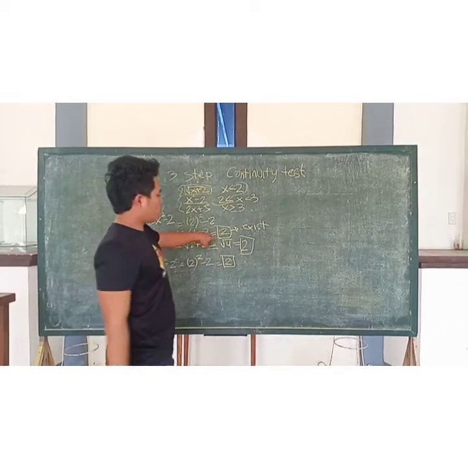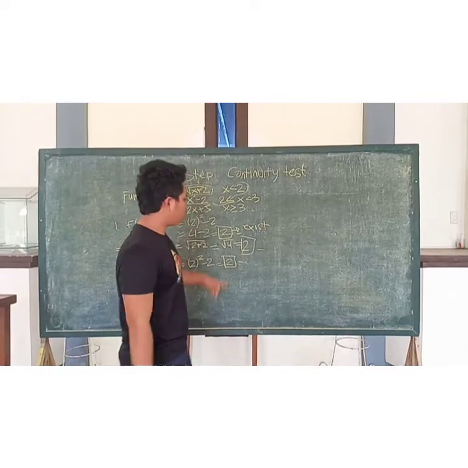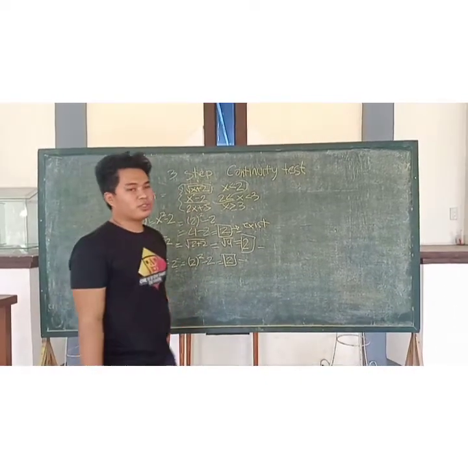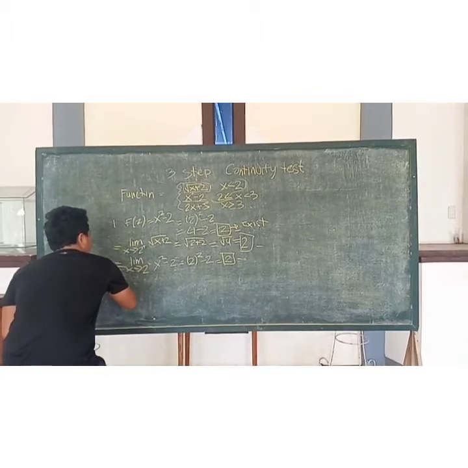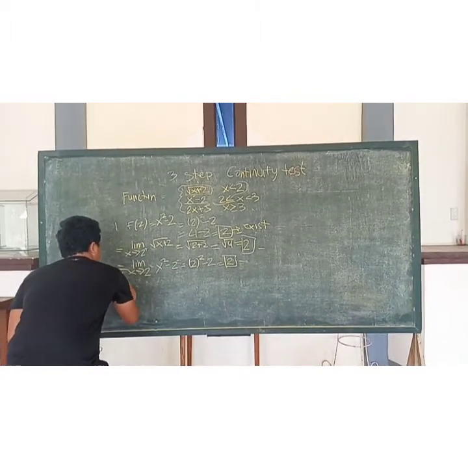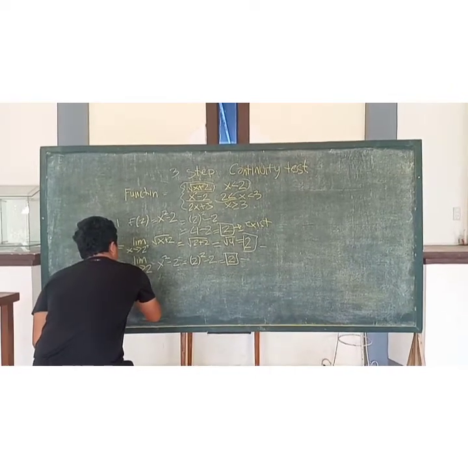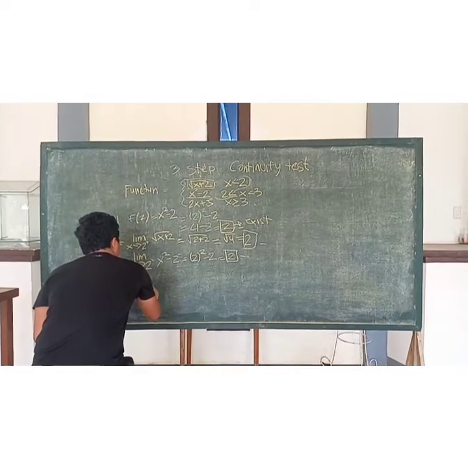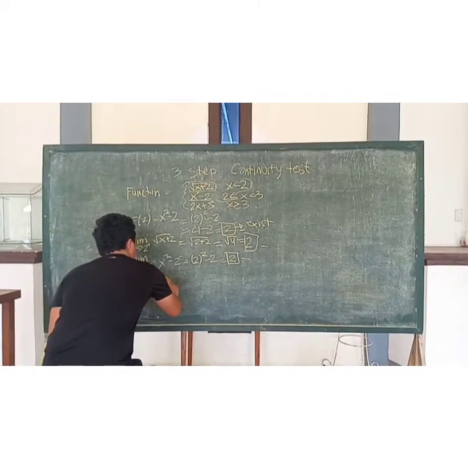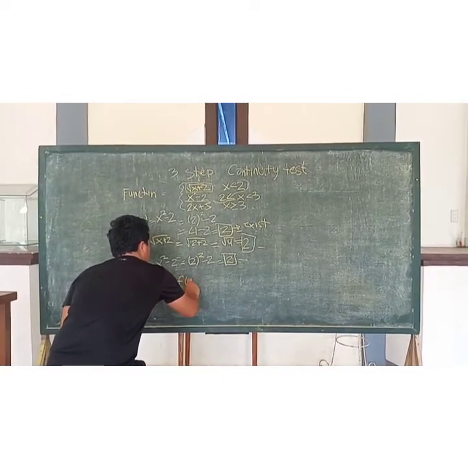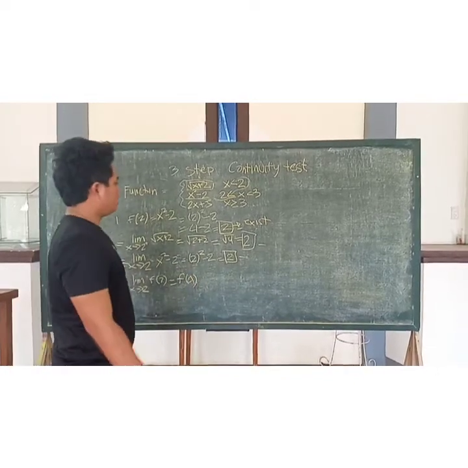As we can see, these three values are equal. So step number 3 is also true: the limit of x approaches 2 of f of x is equal to f of 2.